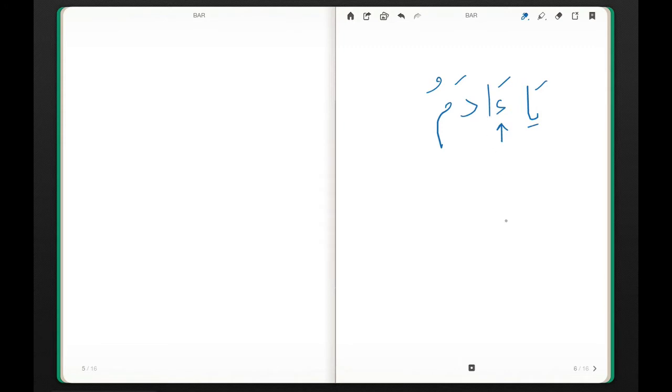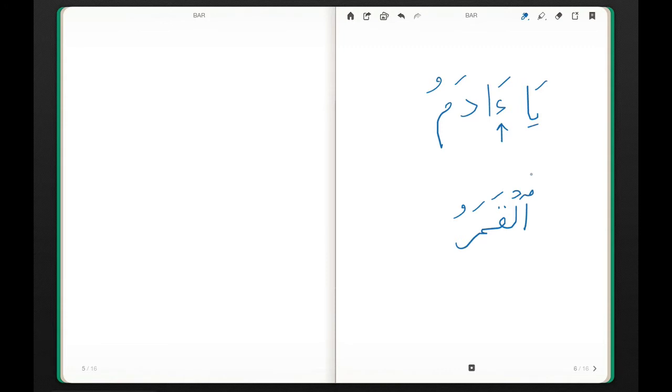Alright, now let's compare it to the Hamzatul Waṣl. Let me write the word al-Qamaru. Alright, now al-Qamaru, and we'll put the Hamzatul Waṣl sign here. First of all, you'll notice Hamzatul Waṣl never has a haraka on it. And that's going to cause a problem that we have to deal with.